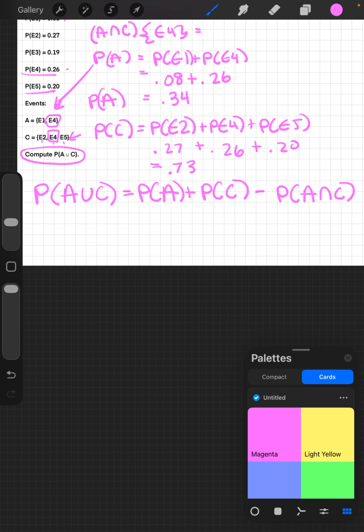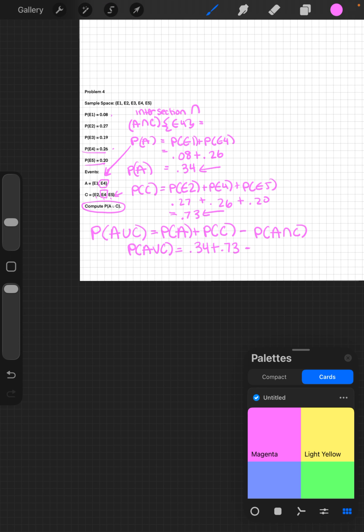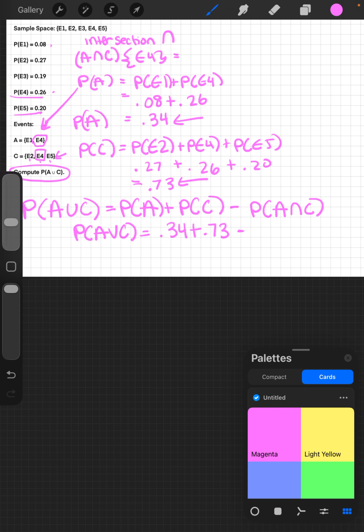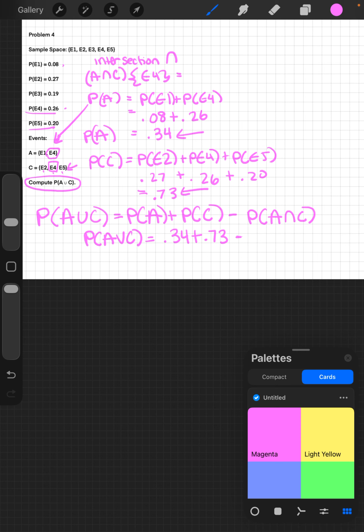So A union C is equal to 0.34 plus 0.73 minus the intersection, which is 0.26.